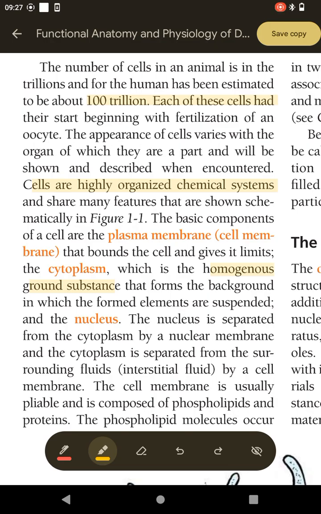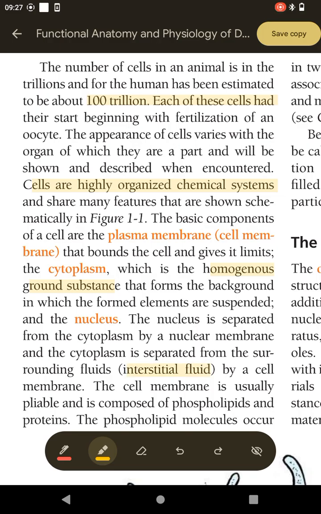And the third is nucleus, the control center of the cell. The nucleus is separated from the cytoplasm by a nuclear membrane, and the cytoplasm is separated from the surrounding interstitial fluid by a cell membrane.